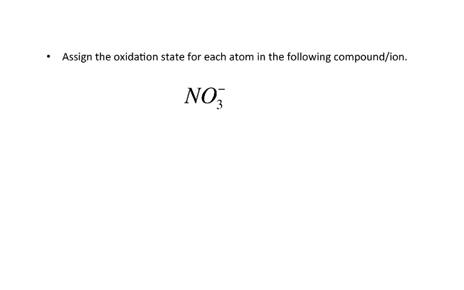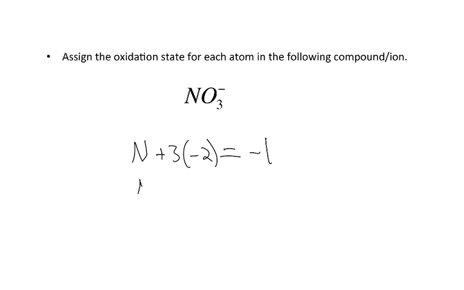Okay, so nitrogen is what we're trying to figure out. I know that I have 3 oxygens. I know that those oxygens are each -2. And I know in this case, because the ion has a -1 charge, the oxidation states have to add up to be -1. So the right-hand side of my little equation here is -1.